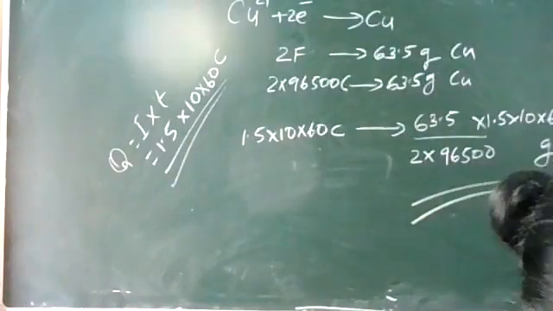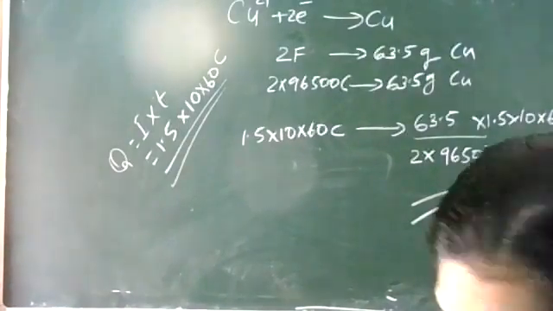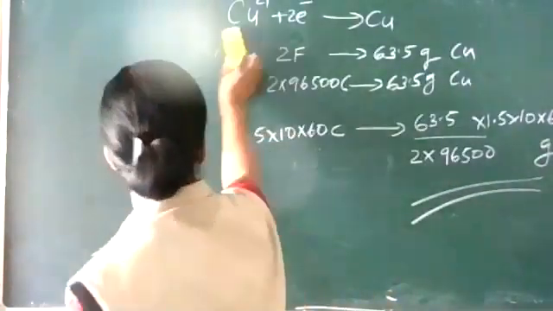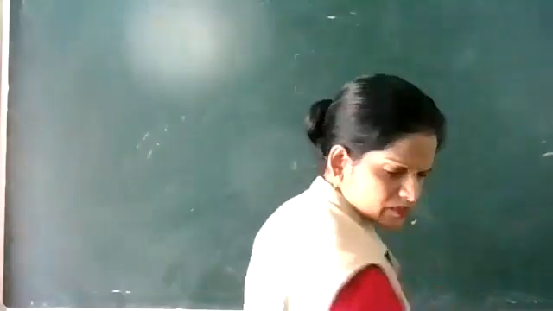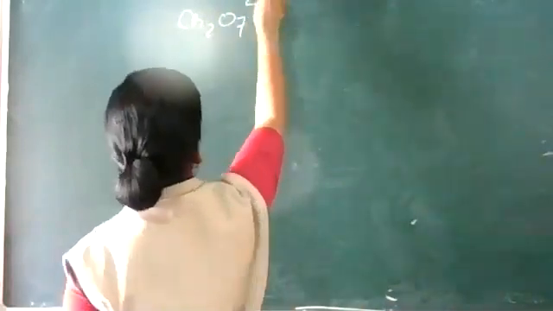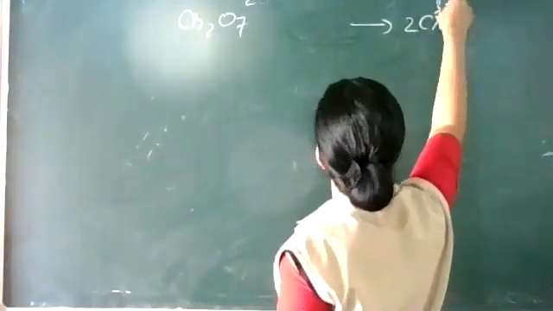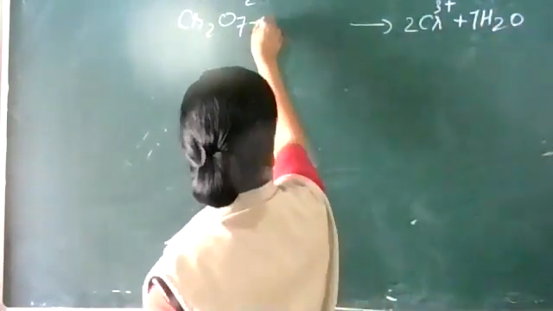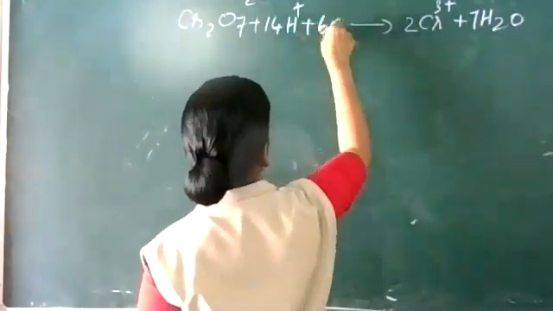Next question, consider the reaction. Our famous reaction, dichromate: Cr2O7 2- plus 14H+ plus 6 electrons gives 2Cr3+ plus 7H2O.